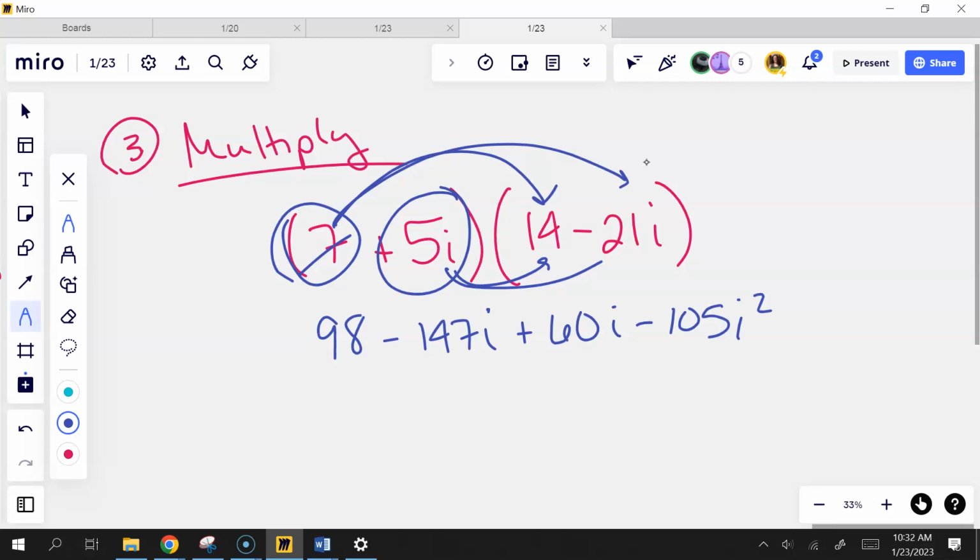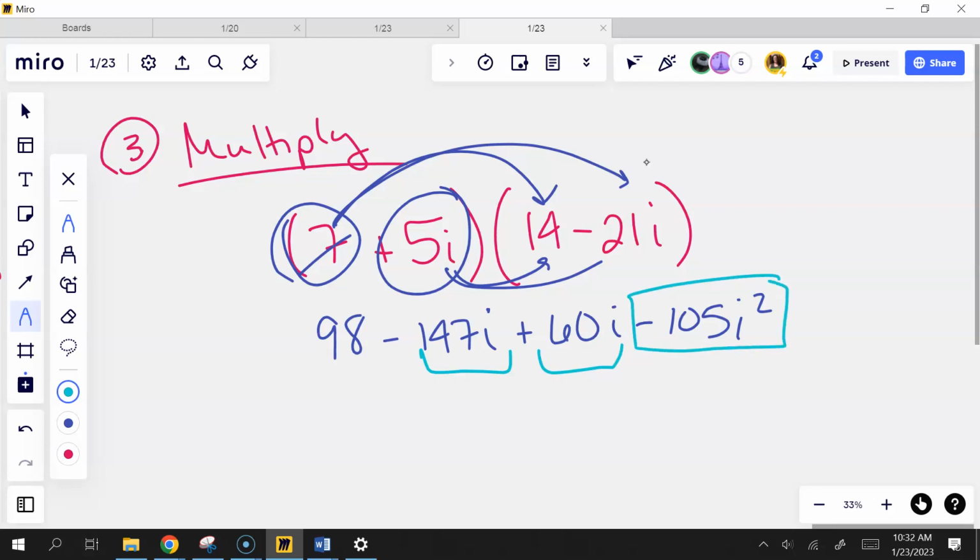All right. Now what do I do? I've multiplied. Combine like terms. Before I do, I'm going to handle this so that I can combine it with what it needs.